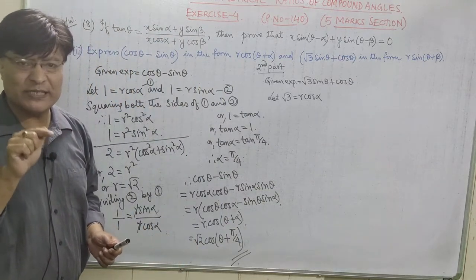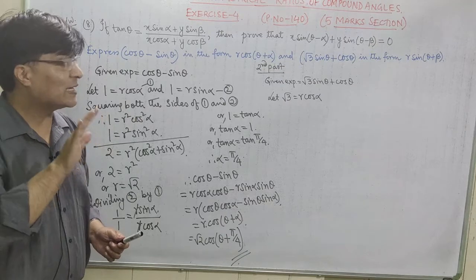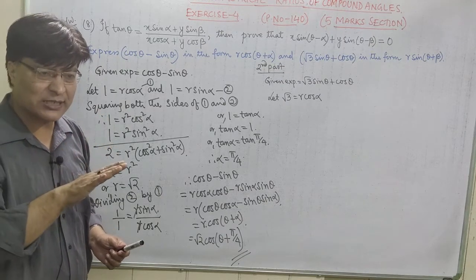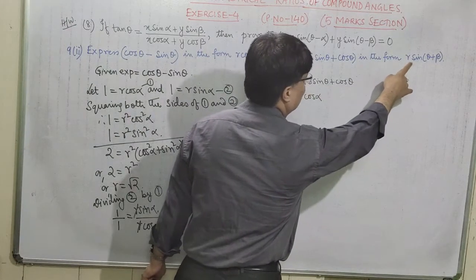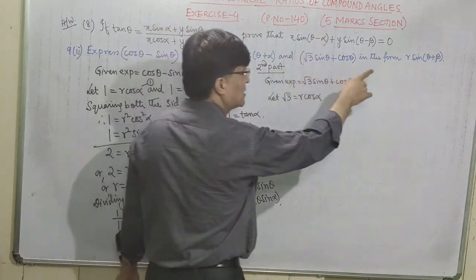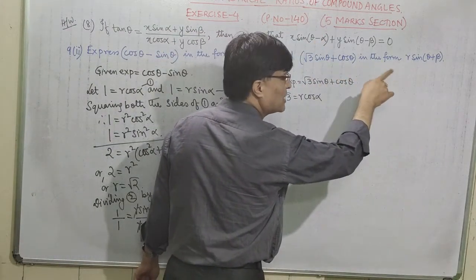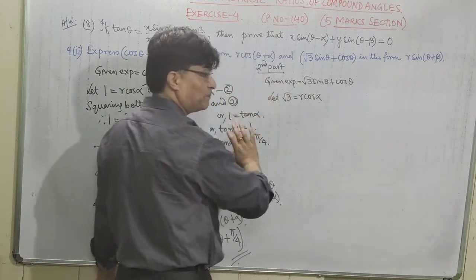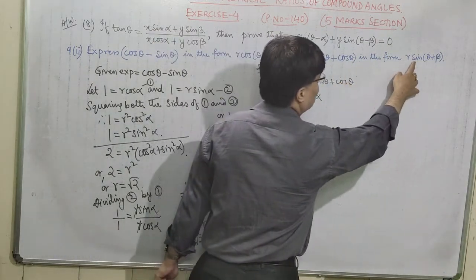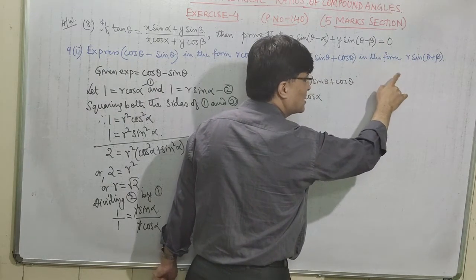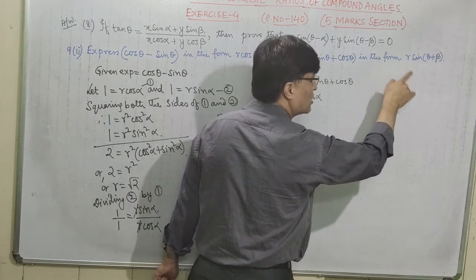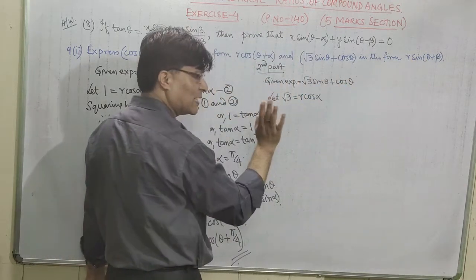Sine of theta plus beta means sine theta cos beta plus cos theta sine beta. Is that clear?